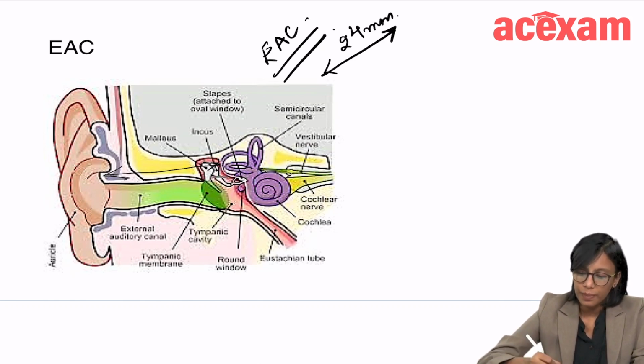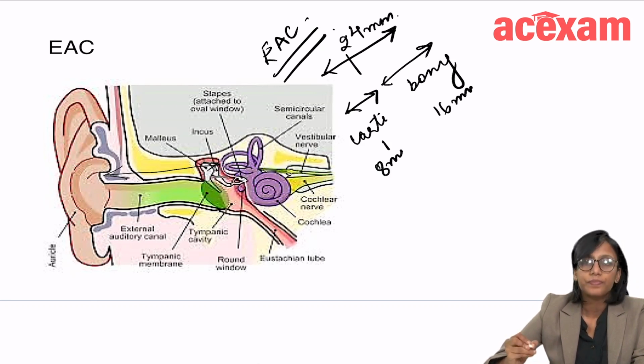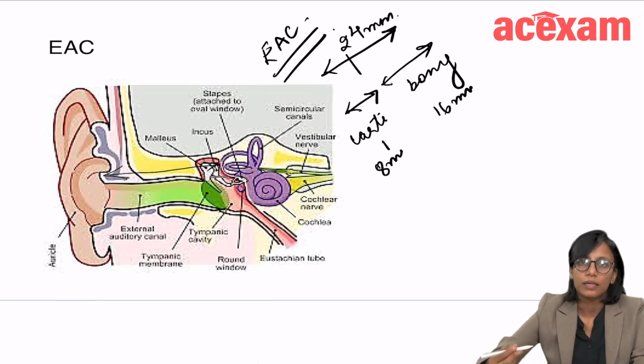Around 1/3 of it is cartilaginous and 2/3 is bony. So this is around 8 millimeters and this is 16 millimeters. Also, it is at an angle to the horizontal. It is not straight.